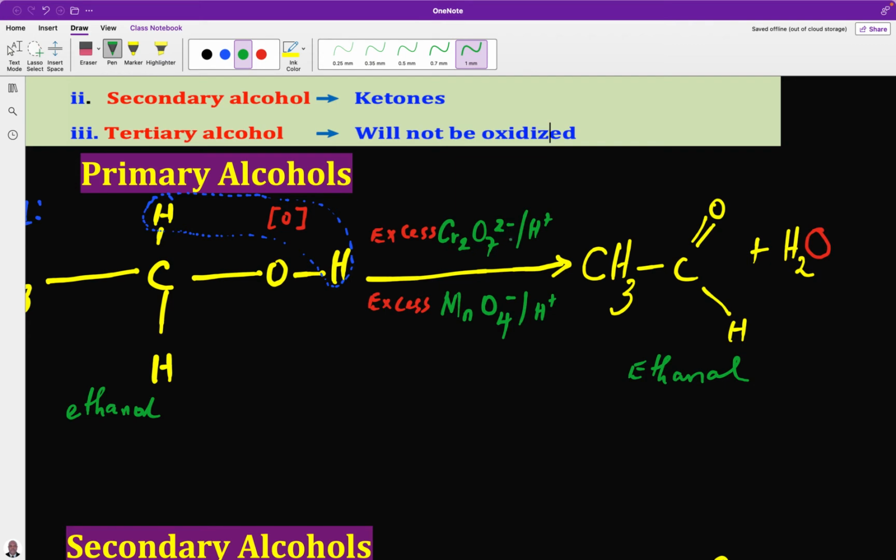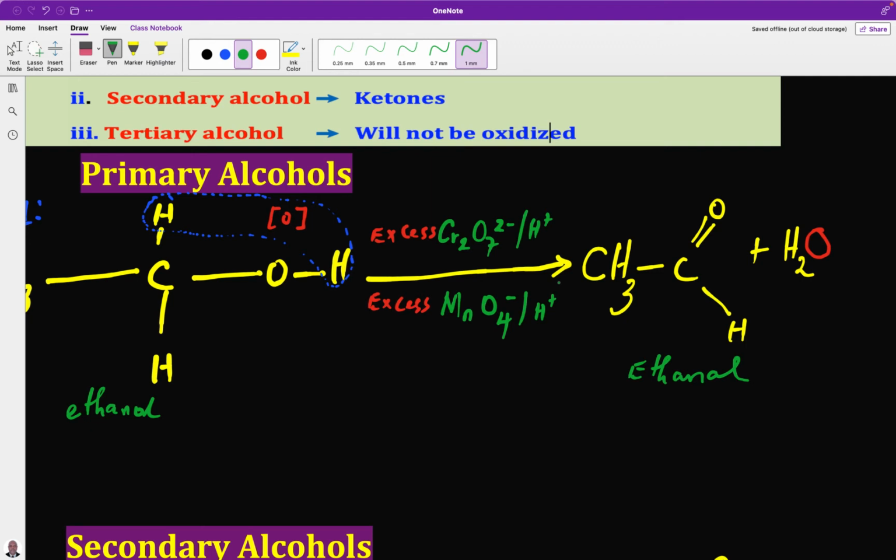When there is oxidation, like in primary alcohol, the color of the solution will change from orange to green, signifying that the orange dichromate ion is reduced from +6 to the chromium 3+ ion.